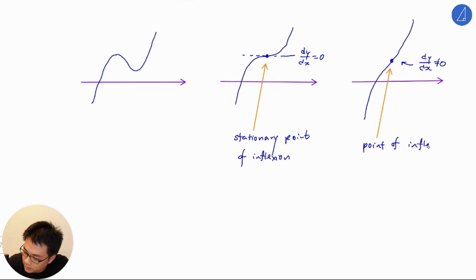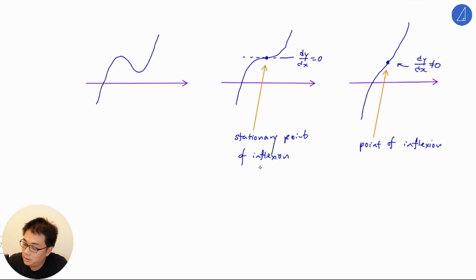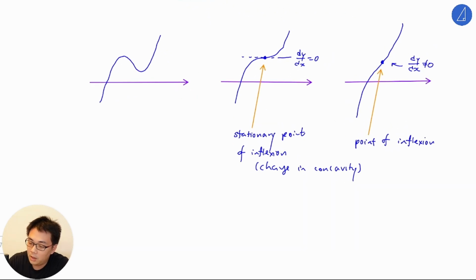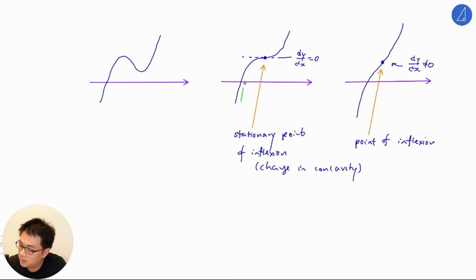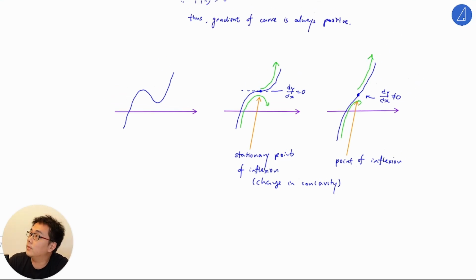What is point of inflection? Point of inflection is the point where you change concavity. Change in concavity. So in our prelim revision set, we already discussed this is concave downwards here. This is concave upwards here. This is concave downwards here. This is concave upwards here. All right.